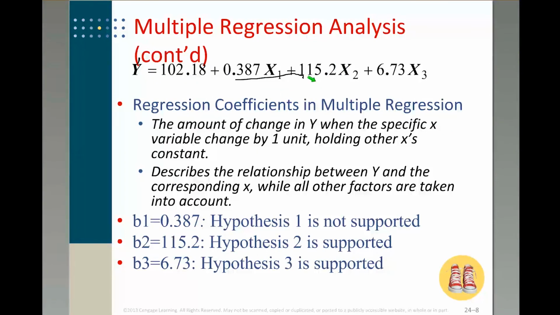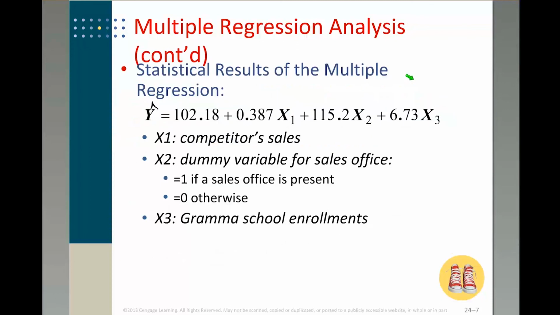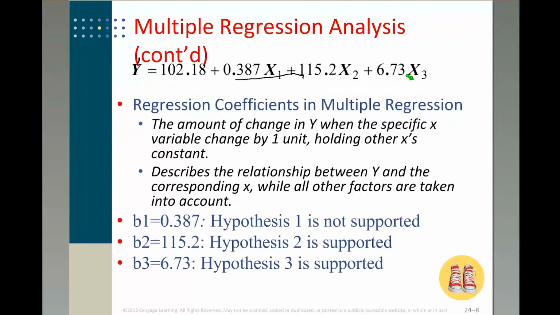So hypothesis 2 is supported. Lastly, hypothesis 3, we're going to look at this coefficient, 6.73. That means x3 and y are positively related. Now let's take a look at the hypothesis. It says grammar school enrollment in the community is related positively to sales, and that is supported by our regression.